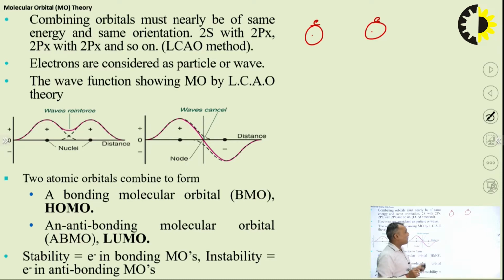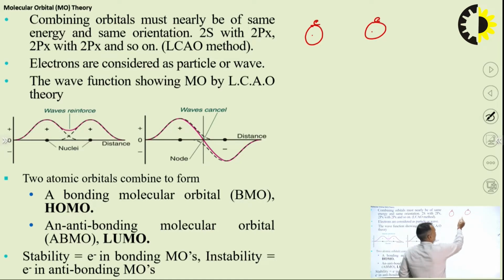this overlapping may be like this, because we are assuming that the electron behaves just like a wave. So these two waves overlap with each other, and this gives constructive overlapping.